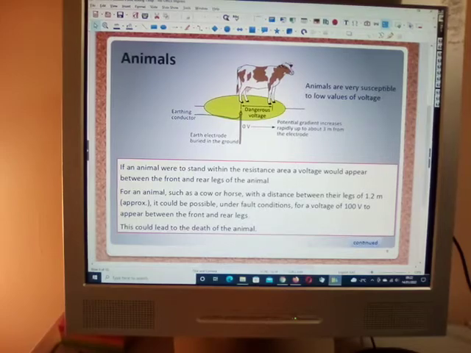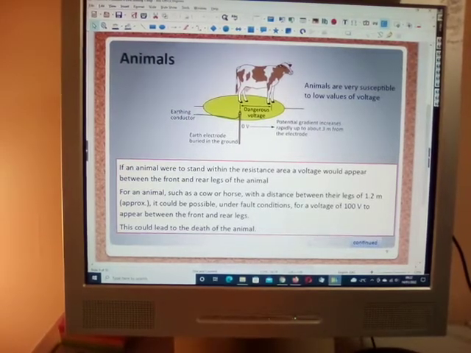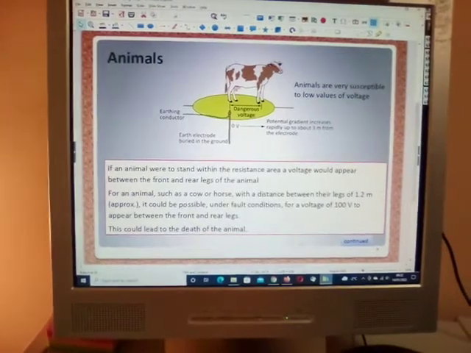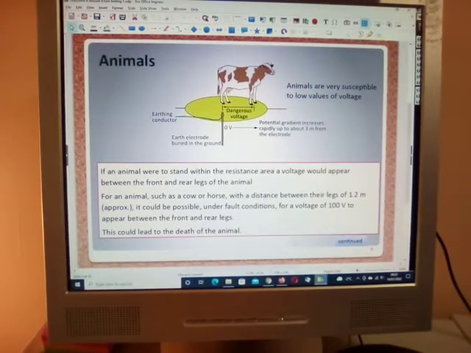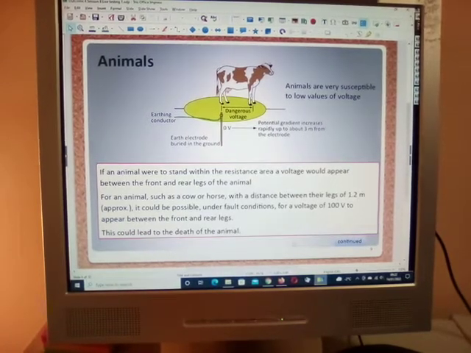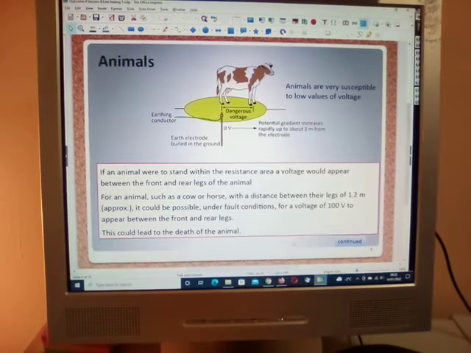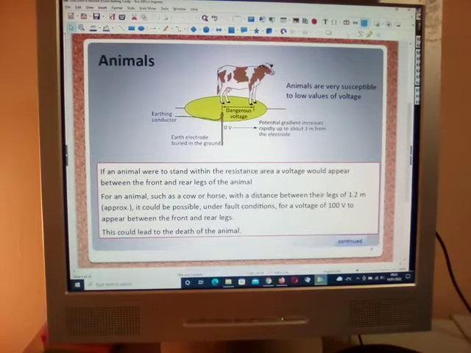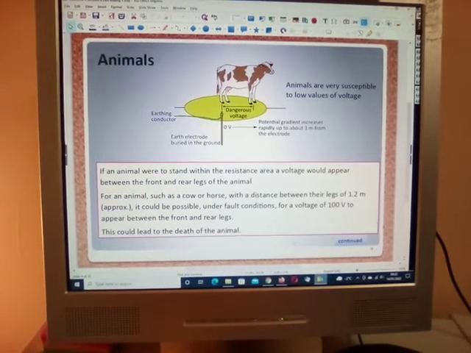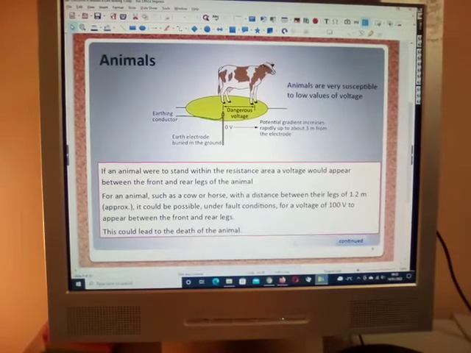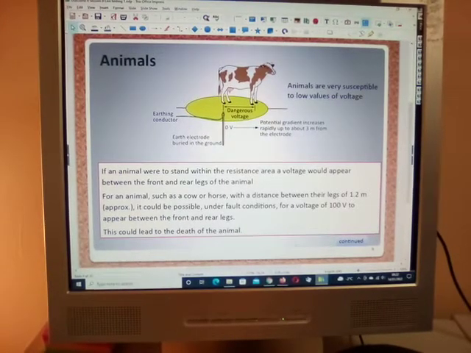Right, now in regard to this, animals are very susceptible to low values of voltage. Okay, so what you need to be sure of is that the earthing conductor is properly earthed and has a good foundation in regards to earthing.